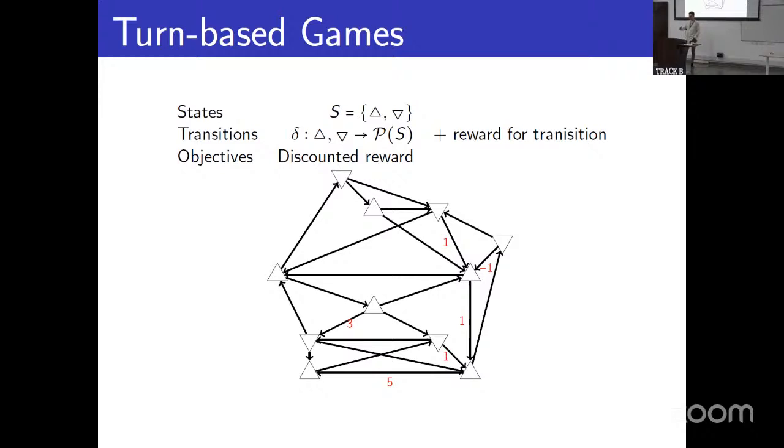After we get the path, we get the rewards, and our payoff will be the discounted sum of the rewards. Again, the maximizer wants to maximize the sum, and the minimizer wants to minimize.